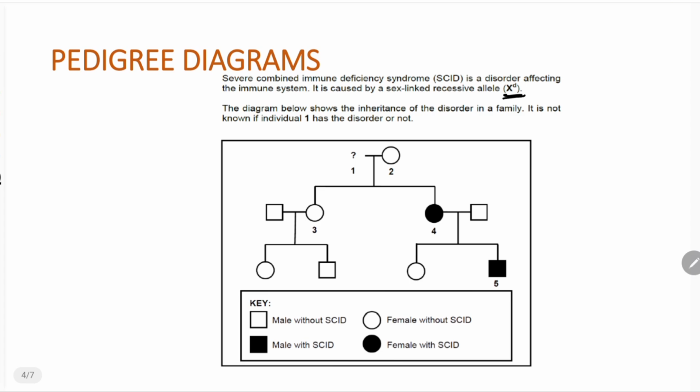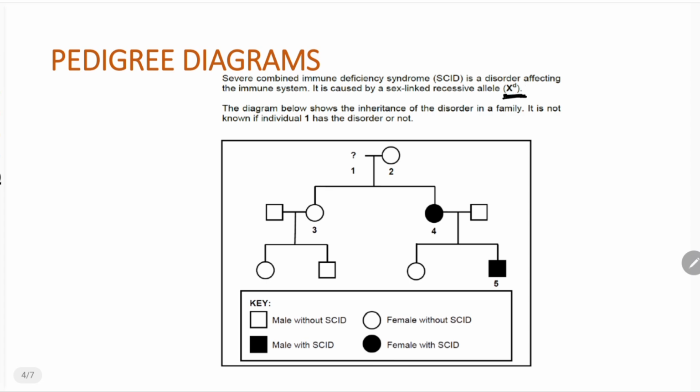Now, it says that the diagram below shows the inheritance of the disorder in a family. It is not known if individual 1 has the disorder or not. We will be able to find it. So, it is also important we know that this severe combined immune deficiency, SCID, is caused by this recessive allele, X to the exponent of small letter d.